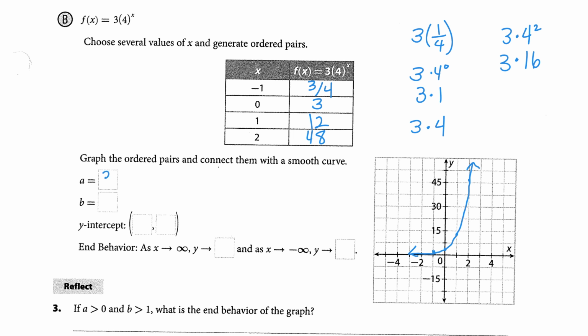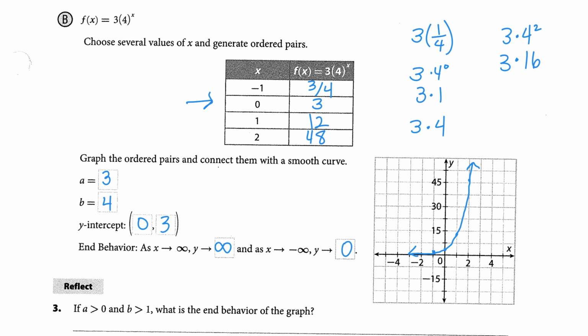A is 3, B is 4, the y-intercept is at 0, 3. As x approaches infinity, so as we move to the right, y is going towards infinity. And as we move to the left, as x approaches negative infinity, y is getting closer and closer to 0.